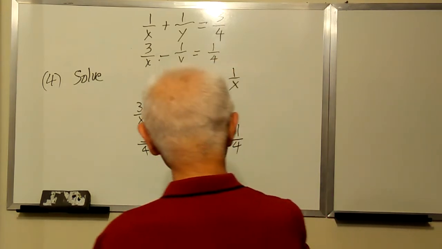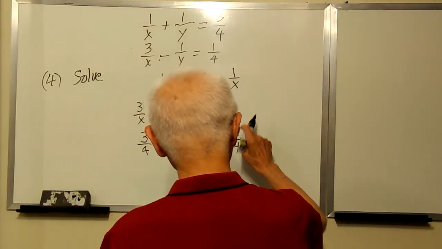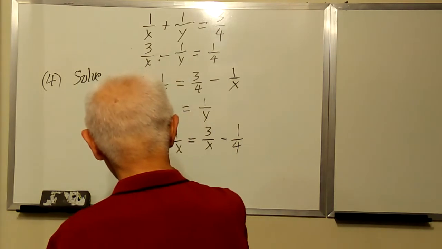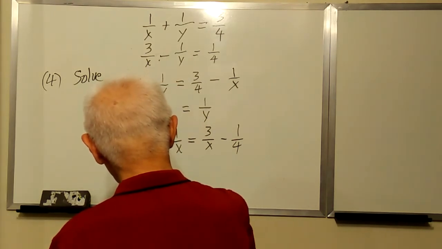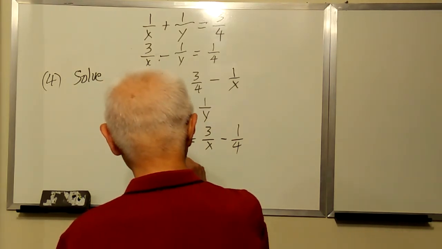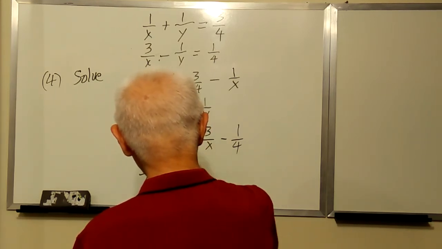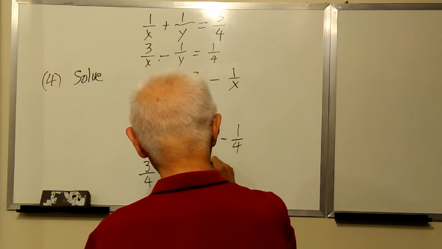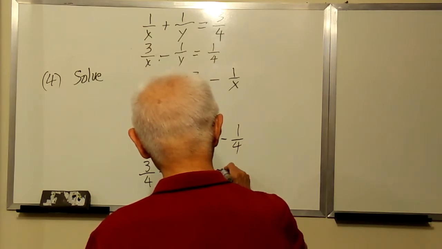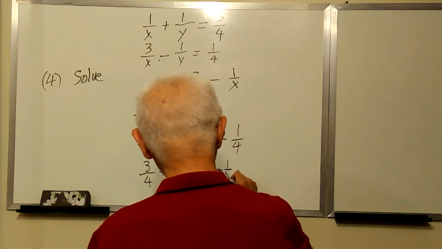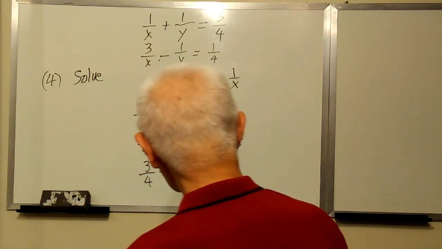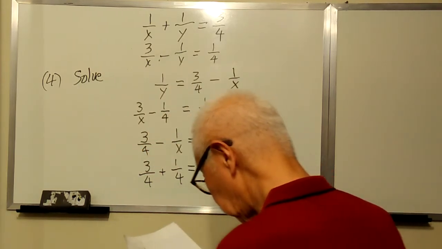Now, I move negative 1 over 4 to the left-hand side. It becomes positive 1 over 4, and move the 1 over x negative to the right-hand side. What do I have here?